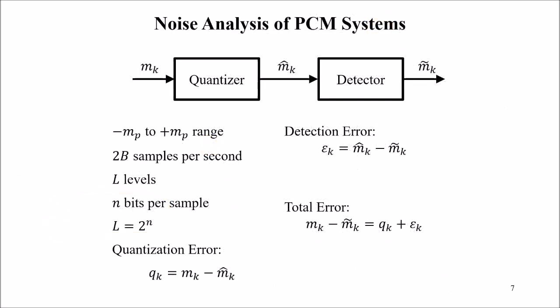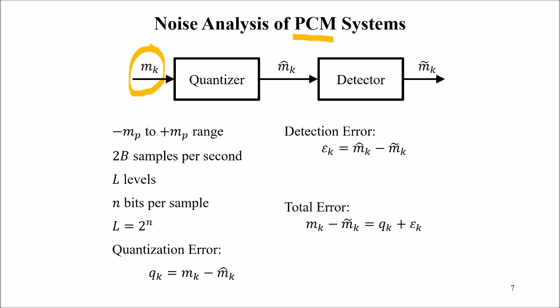In analyzing the noise in a pulse code modulated system, it's not as simple as just finding a single bit error. We have other factors to consider as well. First of all, let's look at what we have with our pulse code modulated system. First, we sample an analog signal, and that gives us this sample value M with the subscript K. We're sampling at discrete times, so we have discrete values.